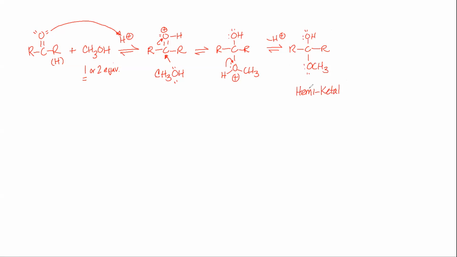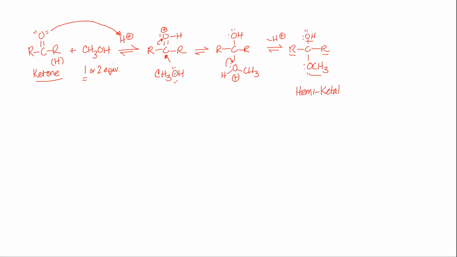But this is a hemiketal because it has an OH and an OR group attached to it. And for the other two groups, it has 2 carbons, which means it came from a ketone. So that's why it's a ketal. If it was a carbon group and a hydrogen, it would be an acetal. So this is the hemi because it's half of a ketal.